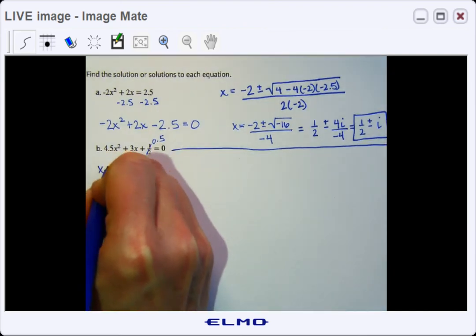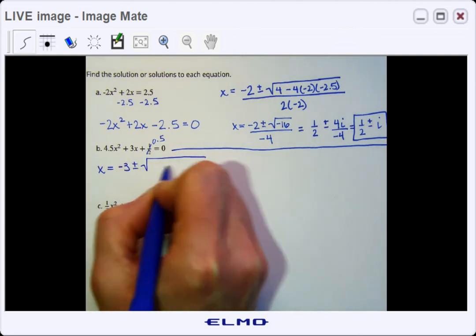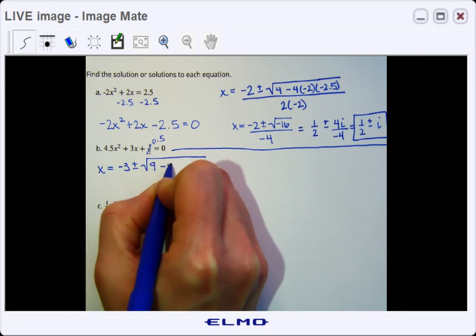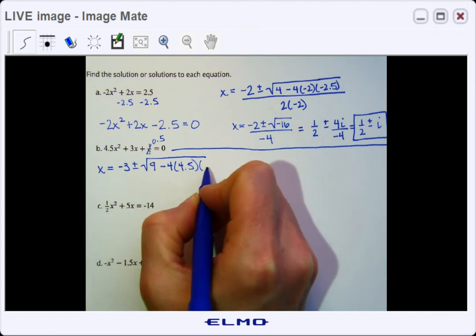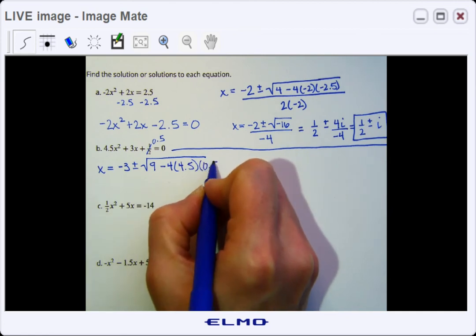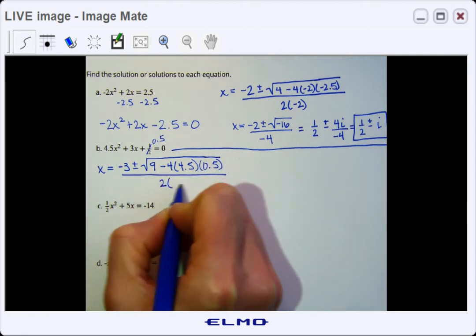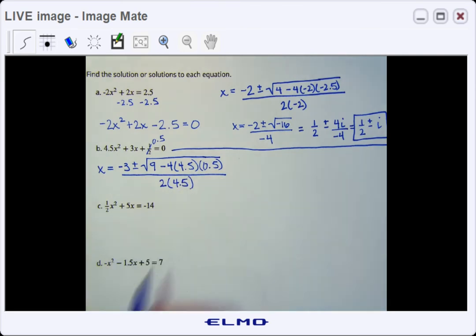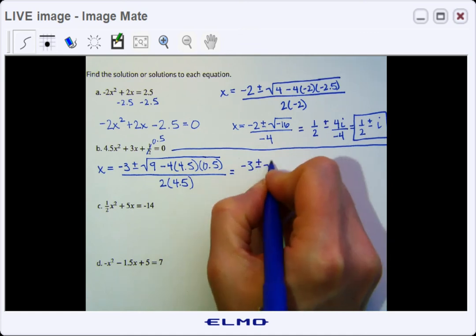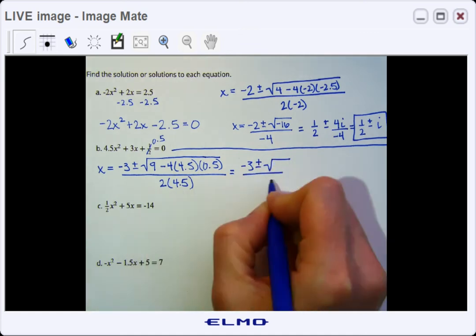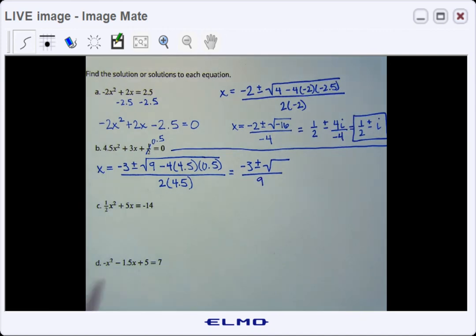So x equals -b plus or minus the square root of b squared minus 4ac, over 2a. Okay, so this is -3 plus or minus, I'll figure out that number in a minute, and then 2 times 4.5 is 9.